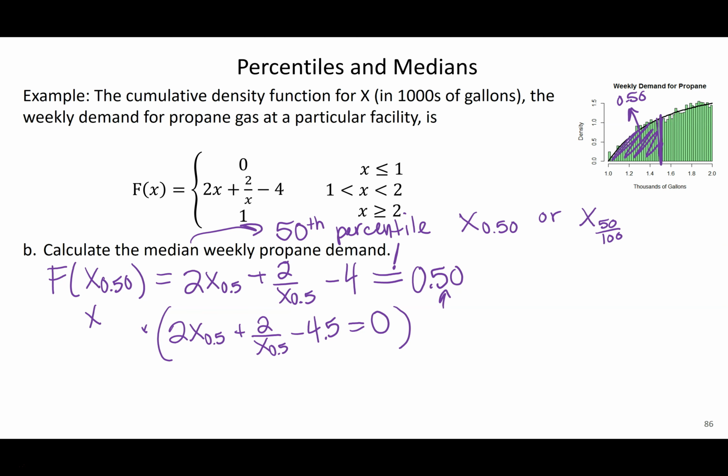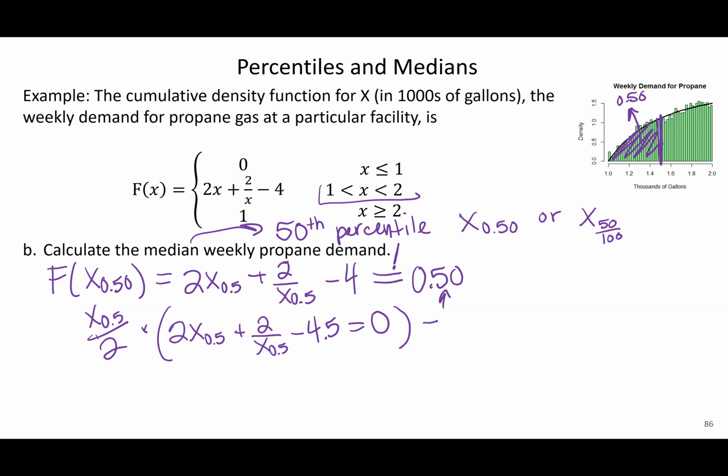So I know that the median is between 1 and 2, so multiplying both sides by it doesn't have any effect on any signs. That's good to know. It's not equal to 0. So by x.5, and heck, I'm also going to throw in a divide by 2, just to get rid of those 2's there.